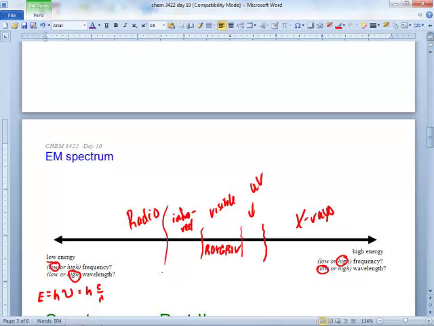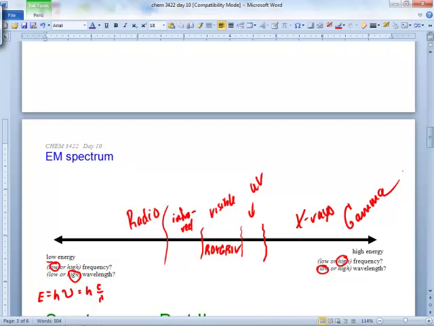Stuff from space. Where would you put it, though? They're really worried about this stuff, especially the astronauts. Yeah, after the UV. It's even further out. It's like the scariest radiation.